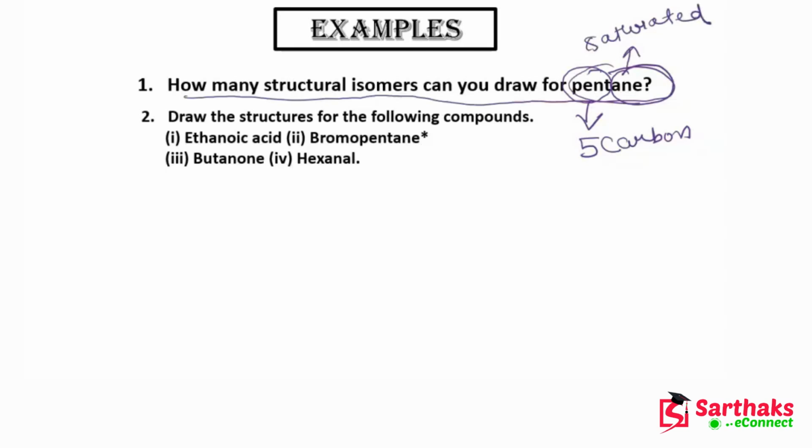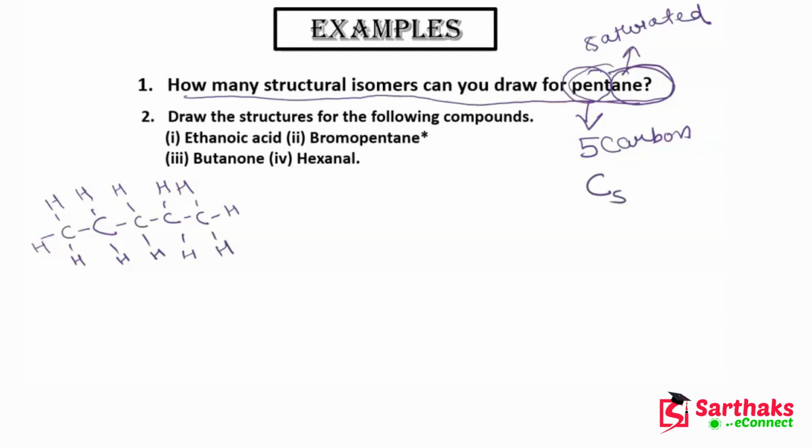Now if I draw the structure for this, this carbon, then this carbon, then this carbon, then this carbon, then this carbon, and I will satisfy all the valencies with hydrogens like this. You can see 1 2 3 4 5, so 5 carbons are there, and 1 2 3 4 5 6 7 8 9 10 11 12, so 12 hydrogens are here.